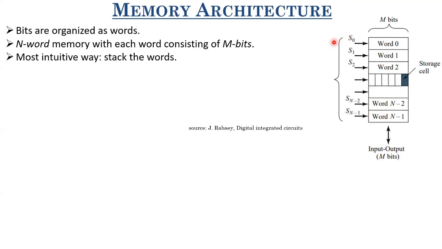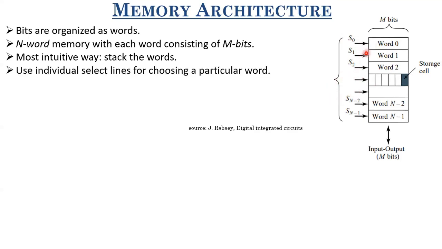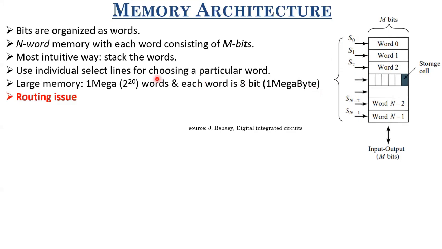Now how can we address this kind of memory? We have several select lines, n select lines to be precise, which are addressing each of these words. However, if the memory size is very large, let's say we talk about 1 megabyte memory, which is very small nowadays, each word is 8 bits, and we have 1 mega words.